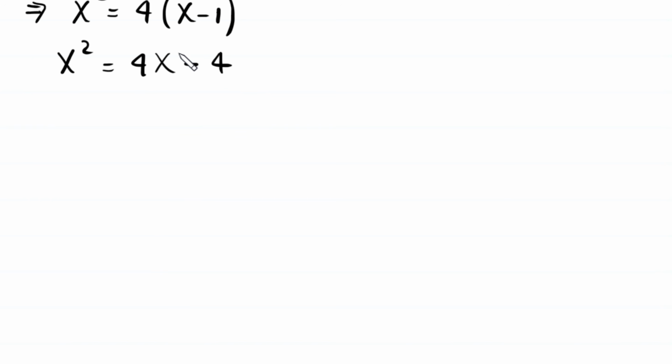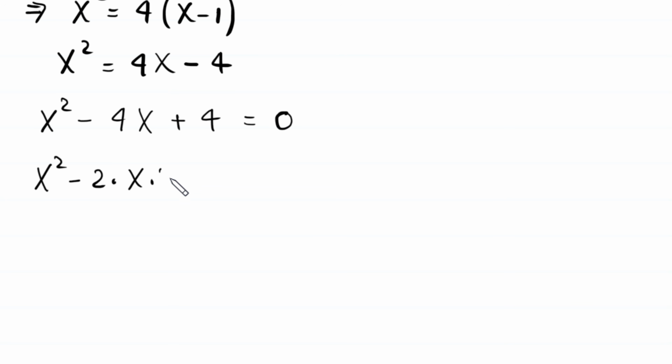Move these two terms to the left hand side. The equation will become x squared minus 4x plus 4 equal to 0. We can rewrite this equation as x squared minus 2 times x times 2 plus 2 squared equal to 0.